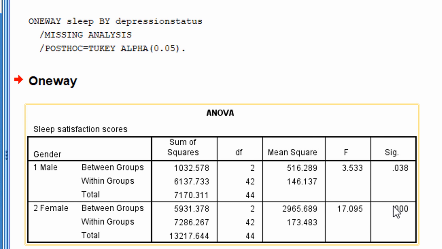So here our significance value, the p value, will be compared against alpha, which is 0.025. This is insignificant. However, for females the p value is 0.000, which is less than 0.025, so we conclude that there is a significant difference regarding the females in respect of depression.